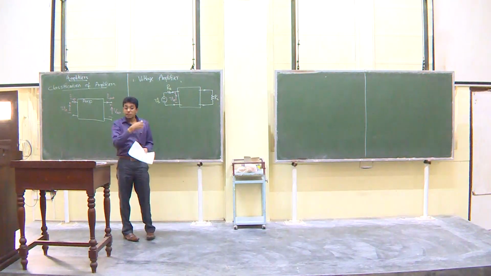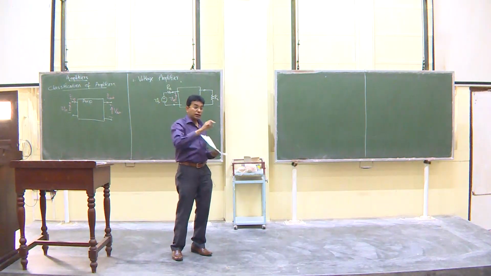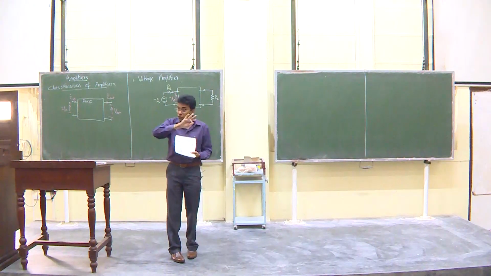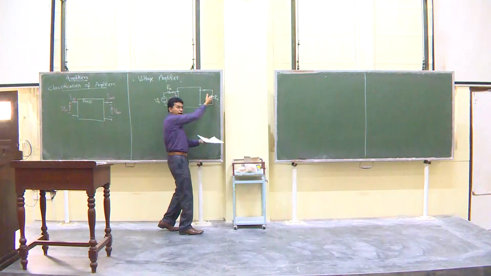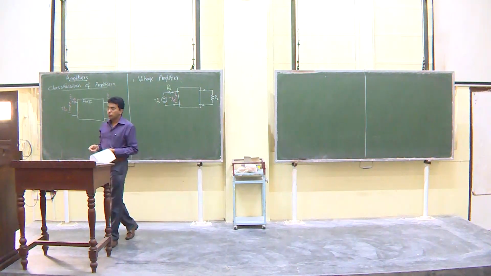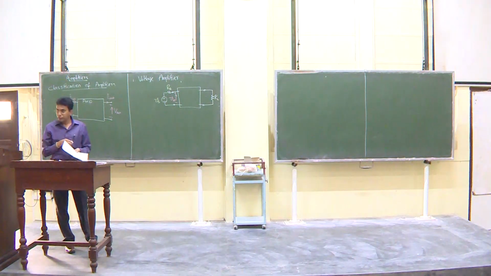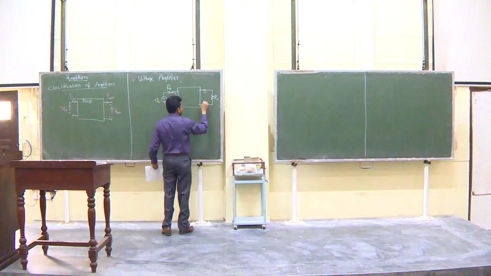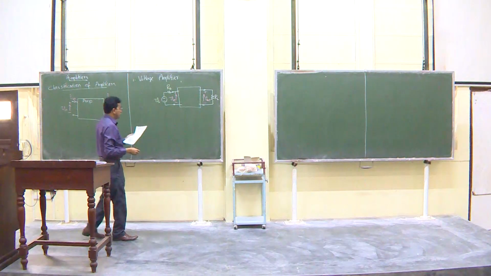This RL may represent an actual resistor, a load, or in fact the input impedance of a second stage or another stage. It can again be anything, but we are going to represent the next stage as a load whose input resistance is RL. Here again my variable of interest is V out, my output variable.